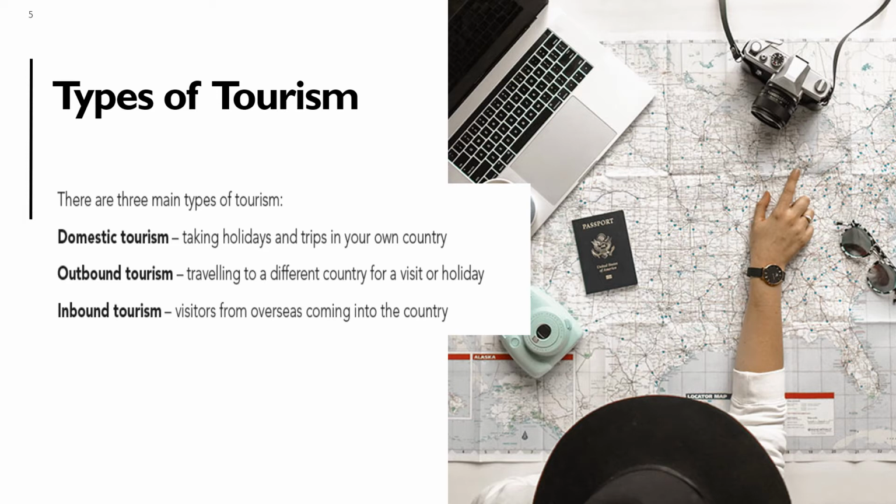For example, a family from Belgium going to Australia for a holiday, or business people from the UK traveling to America to visit a major exhibition. You get the point, guys? Okay, good.